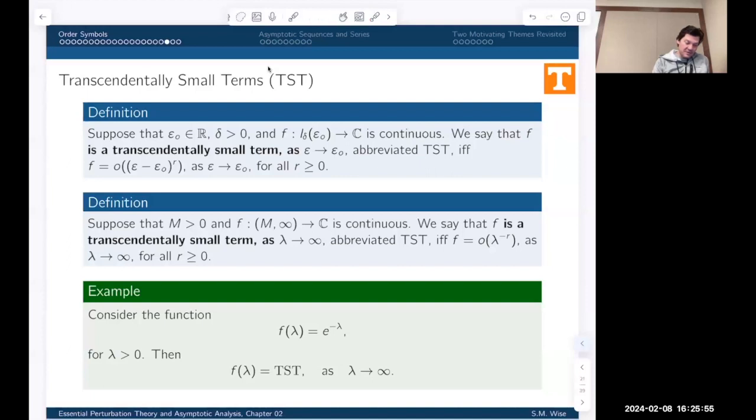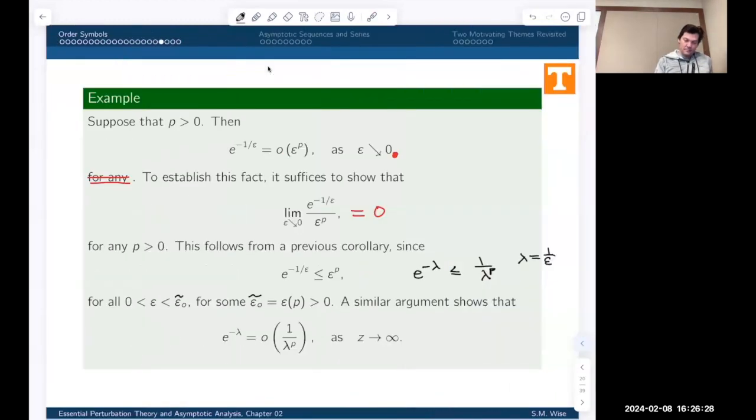And that's because we can say that f of lambda equals little o of lambda to the minus r as lambda gets large for any, this is my symbol for any, which I'll use from time to time, r positive. Okay, and that's exactly what I have right here.